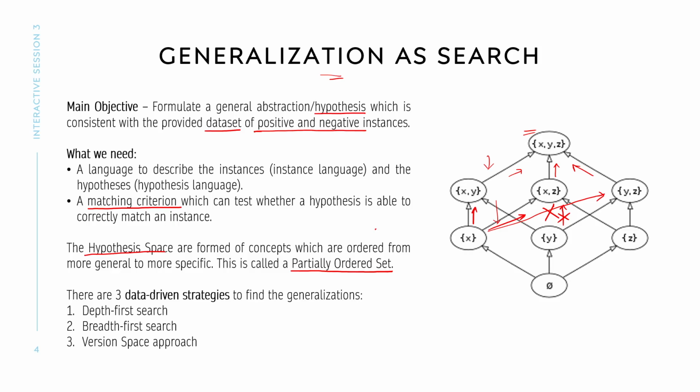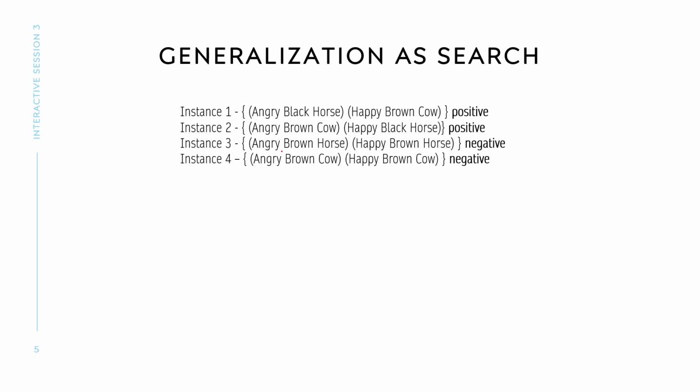Okay. So what we'll do is we'll take this example. We have four instances. Two are positive and two are negative, right? Two are positive, two are negative, and we'll try to build a generalization using the three approaches.